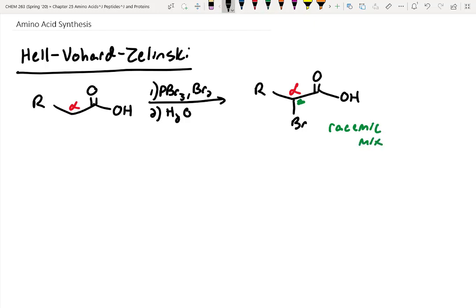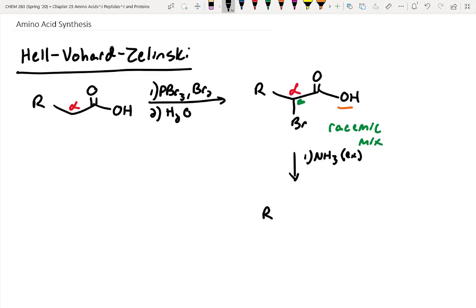And then what we can do next is treat this with ammonia in excess. That will essentially just do SN2 chemistry with the bromine, right? However, ammonia is also a base. Because it's a base, if we use it in excess, it's also going to deprotonate the carboxylic acid.